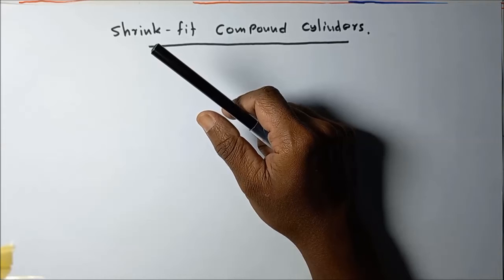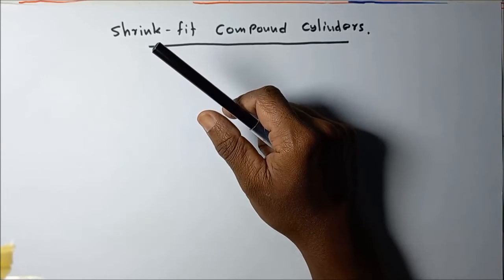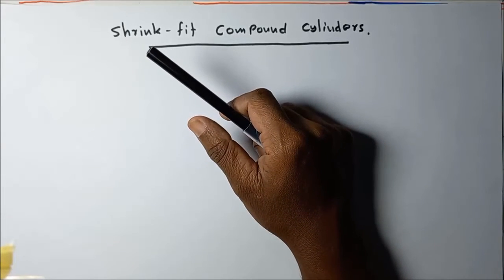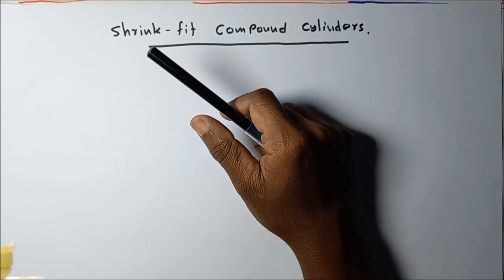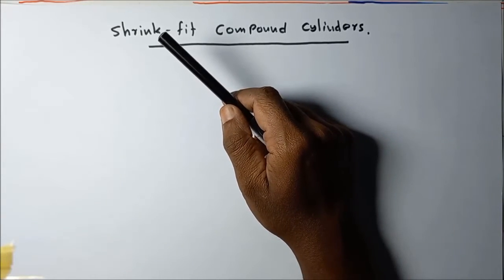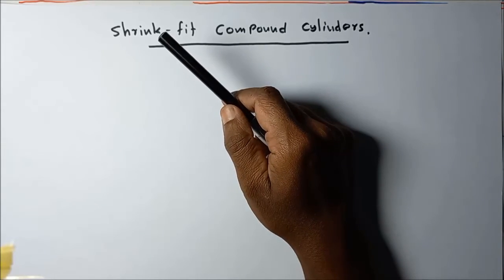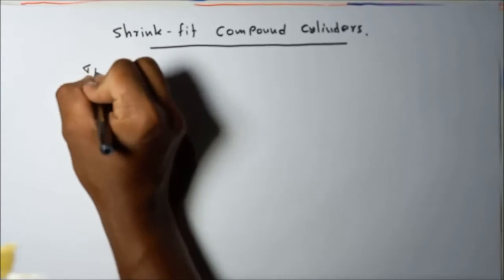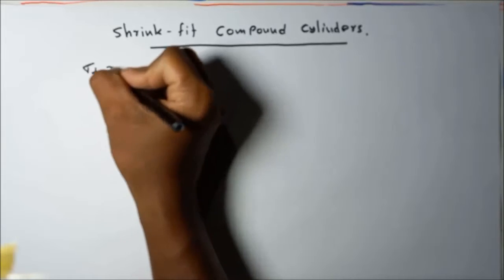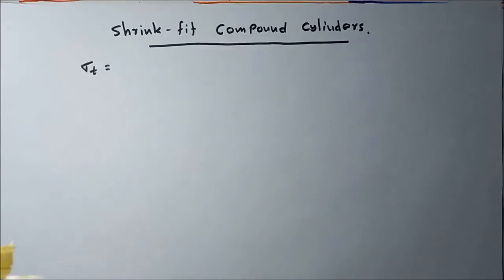Shrink fitting is a thick wall cylinder strengthening method. When the cylinder is subjected to a very high internal pressure, both the tangential stress and the radial stress are maximum at the internal surface, and especially the sigma t value is very high, even greater than the internal pressure.